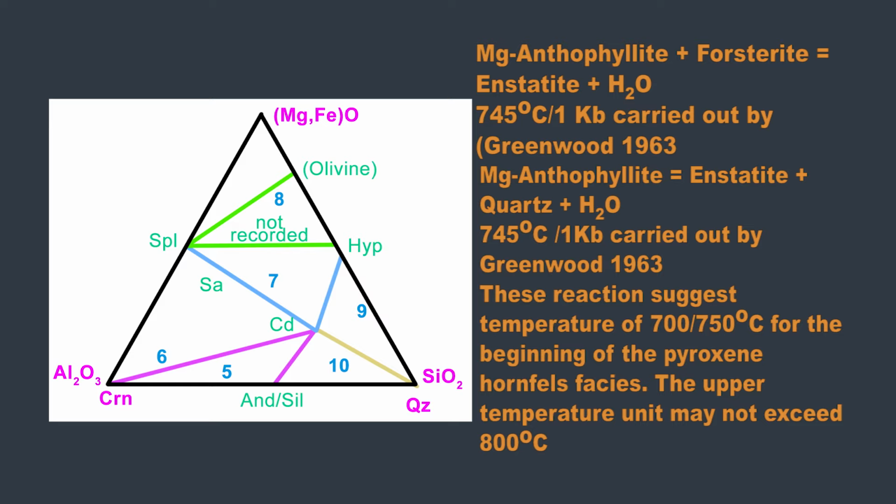These reactions suggest a temperature of 700 to 750 degrees centigrade for the beginning of the Pyroxene-Hornfels facies; the upper temperature limit may not exceed 800 degrees centigrade. The pressure conditions range between a few hundred bars to 4 kilobar.